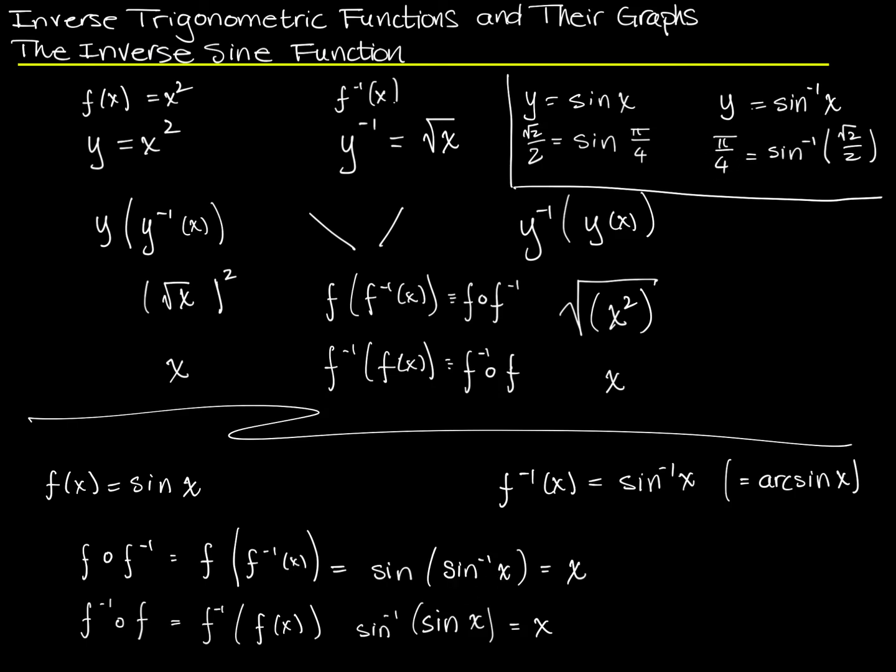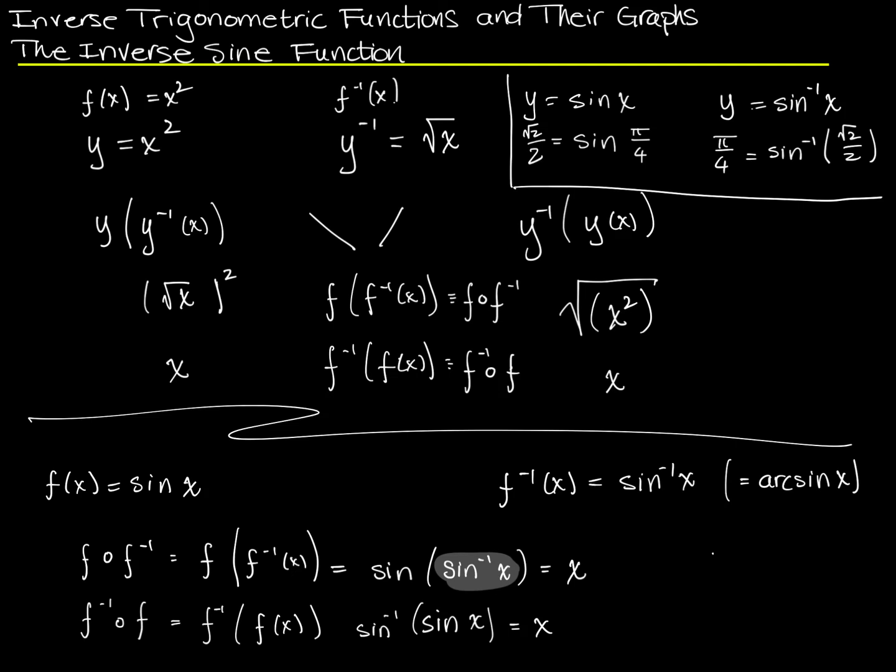So the output here, the answer to sine inverse, is going to be some angle. And angles can go on, we can have any number of angles, right? We can have angles between 0 and 360, or 0 and 2 pi, or we can have an angle that's 4 pi, or 12 pi, or negative 720 degrees. The angle can be any value. There's no restriction on how big the angle can be. But when I take the sine of that number, sure, I'm going to get x.